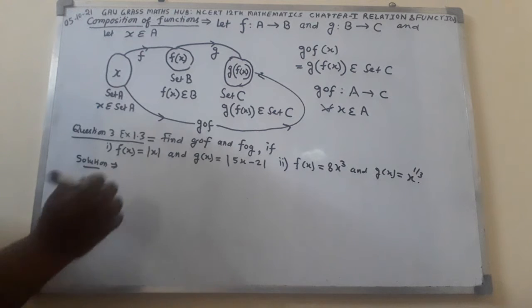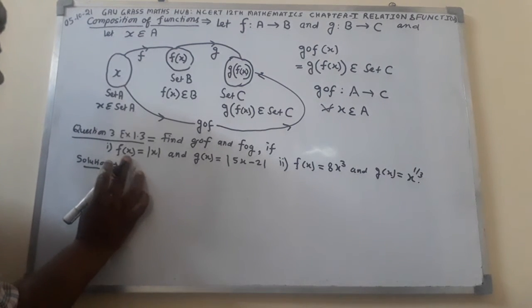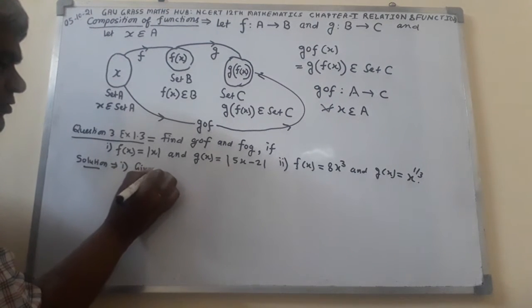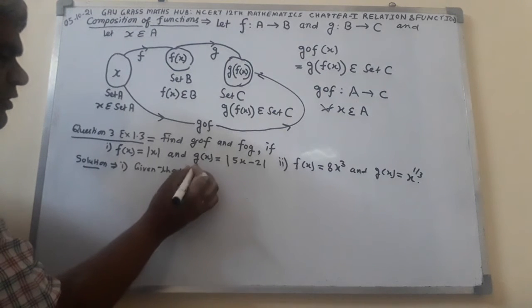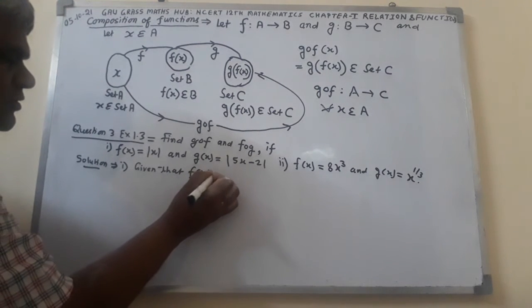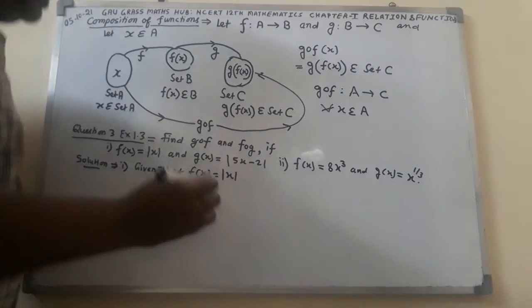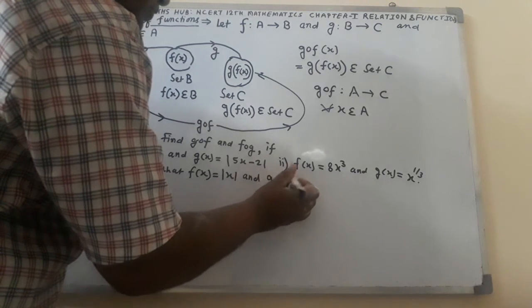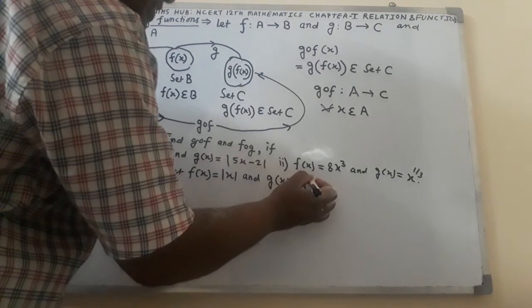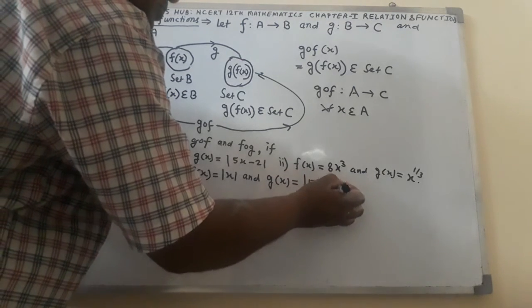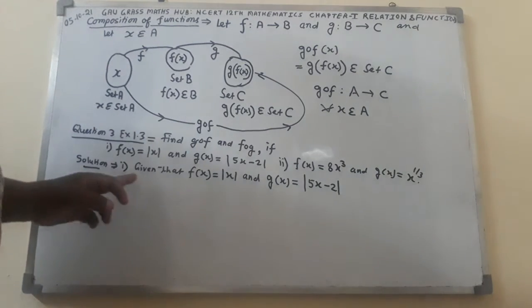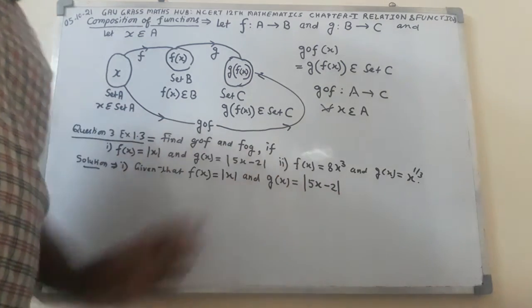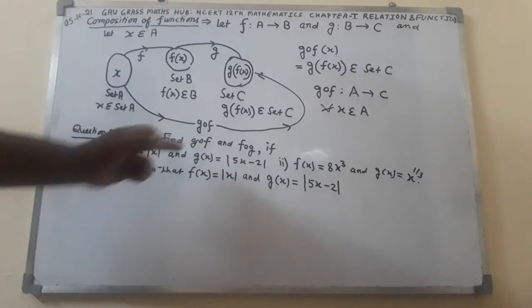Solution of Roman 1. Given that f of x equal to mod x and g of x equal to mod 5x minus 2, we have to find out gof.